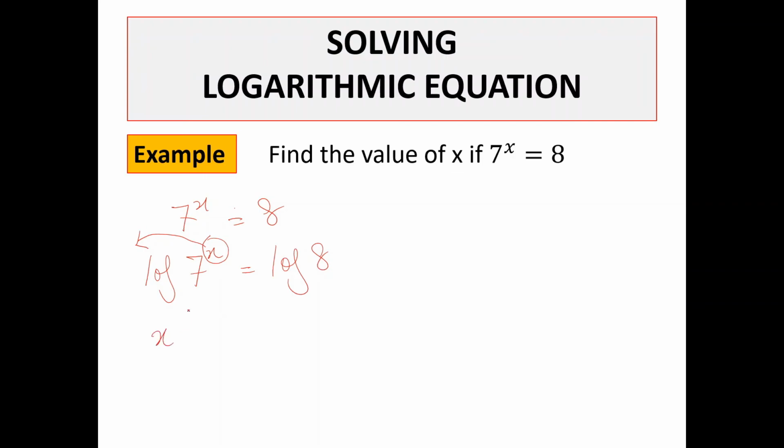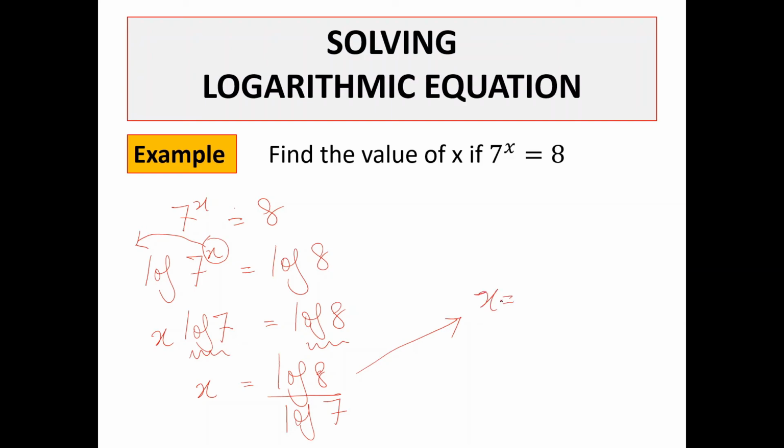We can have x log 7 equal to log 8. At the end, you can just take log 8 divided by log 7. So you can just use the calculator. Log 8 base 10 divided by log 7 base 10, you will get x equal to 1.069. That's it.